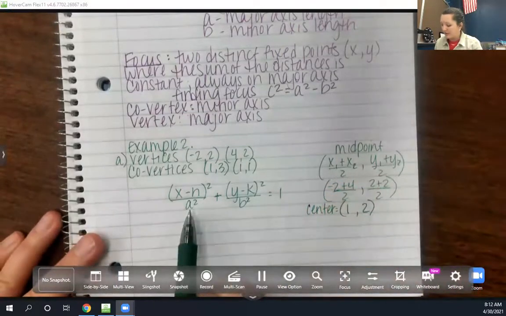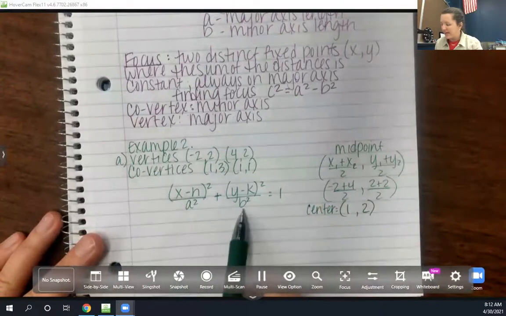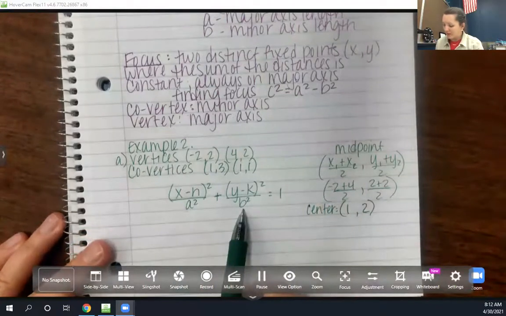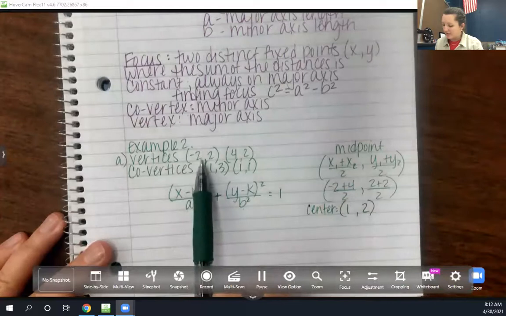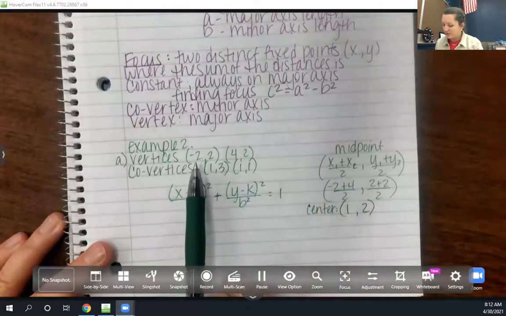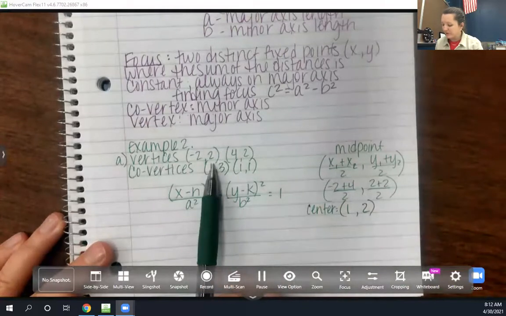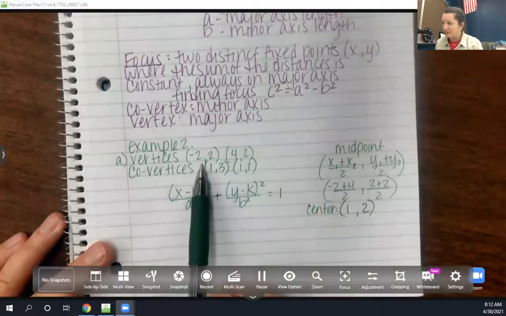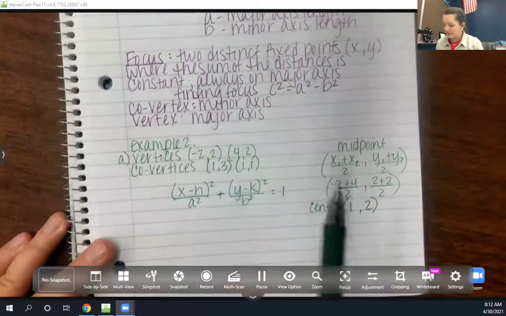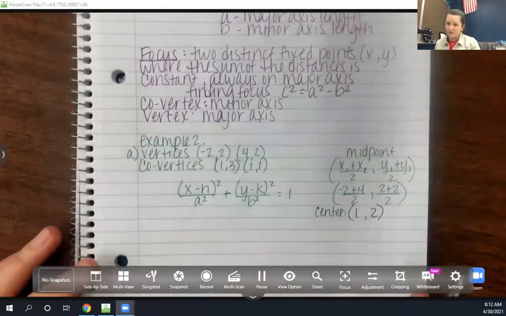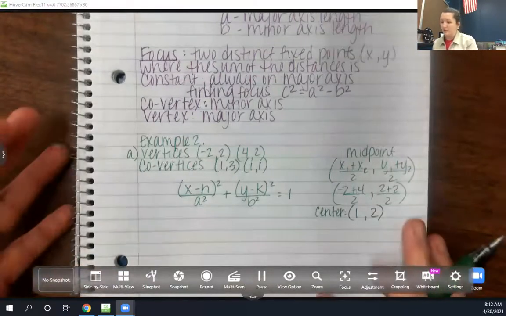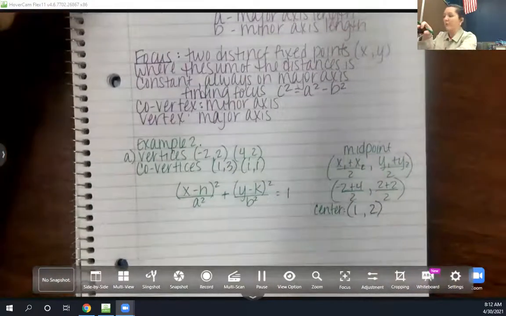Now, what we also need to find are the lengths of A and B, right? So I need to know the length from the center to one of my vertices and one of my co-vertices. A couple of different ways you can do that. You can just count, because I'm sure you can just look at this and probably know.